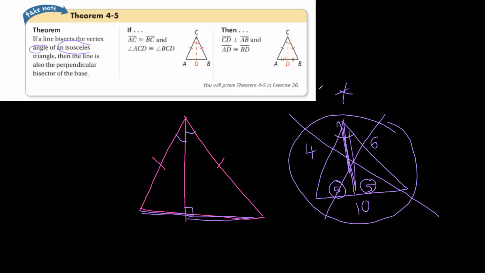Teacher, this triangle that you made is not equilateral because the sides are not the same. The purple one is not isosceles, and it's not equilateral either, because every side is not equal.